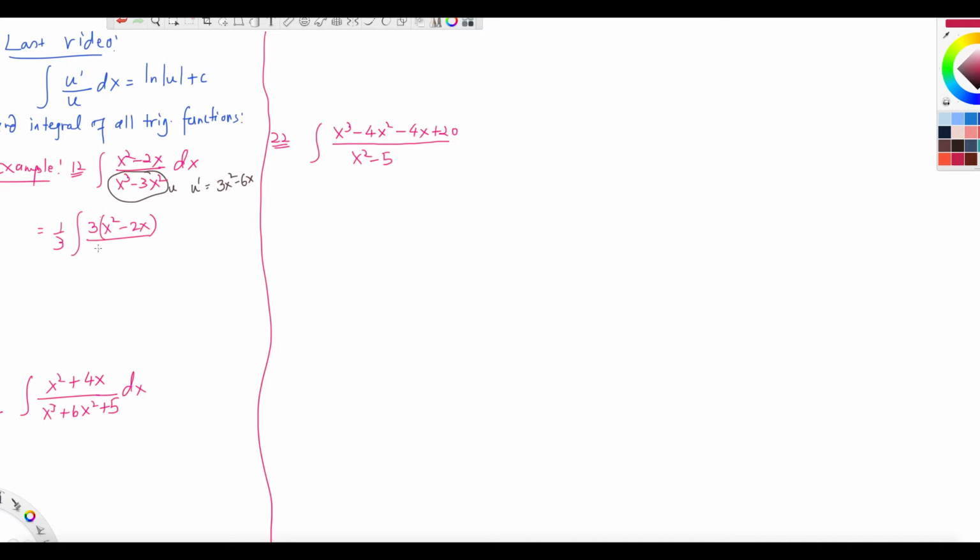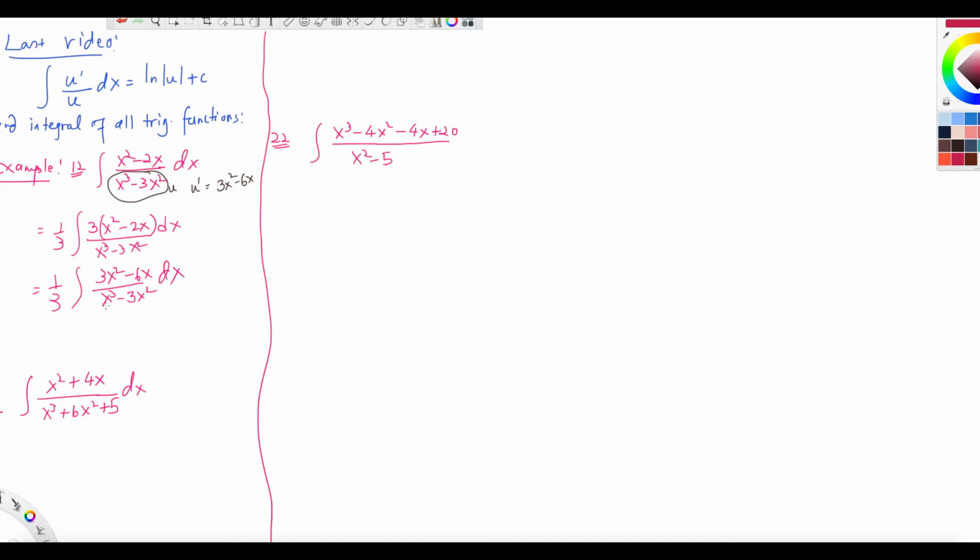And over x cubed minus 3x squared, dx. Now what do you get? You get 1/3 and then the integral of 3x squared minus 6x divided by x cubed minus 3x squared dx. Now you have perfectly this format, right? There is a u in the denominator, x cubed minus 3x squared, and the derivative of that is 3x squared minus 6x.